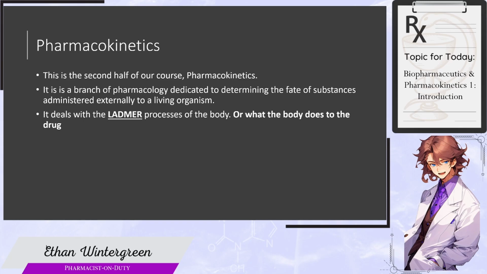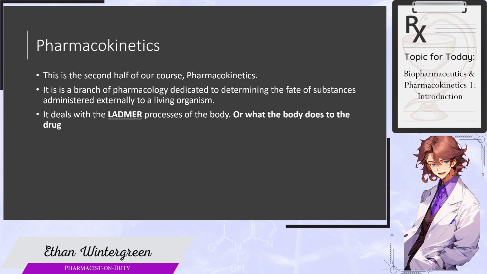Pharmacokinetics, on the other hand, is the second part of our course. Pharmacokinetics is a field of pharmacology dedicated to determining the fate of substances. What we study in pharmacokinetics is how the drug is affected by the body. What happens, how the drug is absorbed, how it is metabolized, how it is distributed, excreted, etc. It entails the story from ingestion to excretion of the drug.